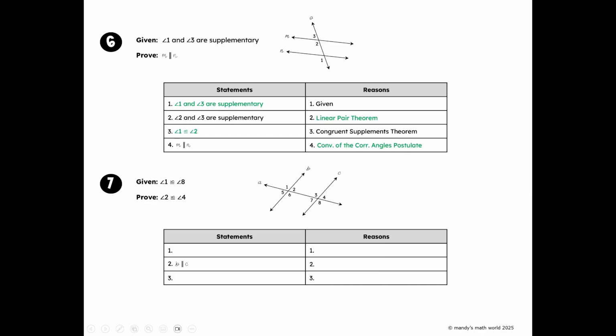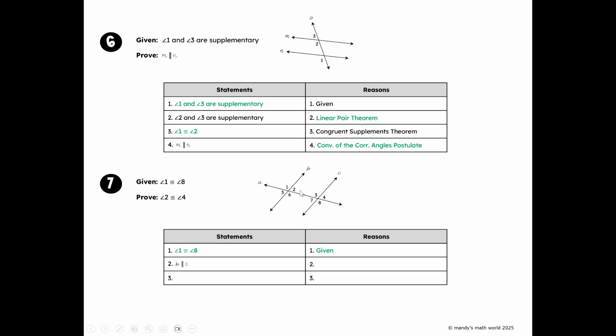Let's move on to example number 7. I'm given angle 1 is congruent to angle 8, and I'm asked to prove that angle 2 is congruent to angle 4. Okay, well, let's start with what we're given. Angle 1 is congruent to angle 8, and my reason is given. I can conclude, based on that, that line B is parallel to line C. How?